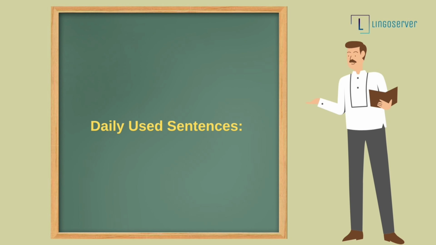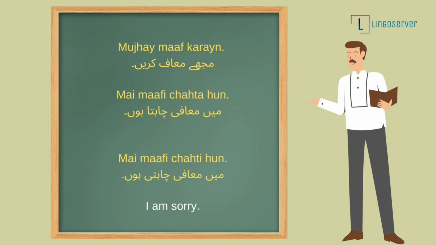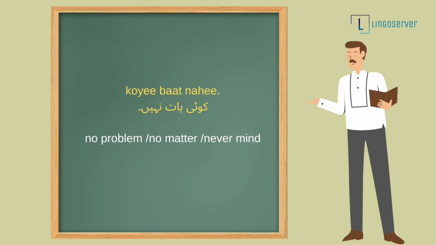Daily used sentences. When we make any mistakes or hurt someone unwillingly, at that time we say sorry as following. मुझे माफ़ करें. I'm sorry. मैं माफ़ी चाहता हूँ. और मैं माफ़ी चाहती हूँ. Please pardon me.